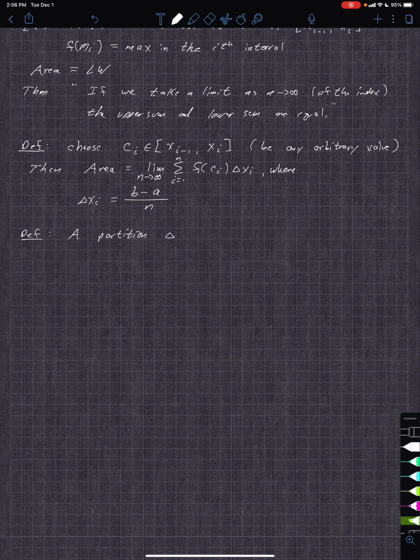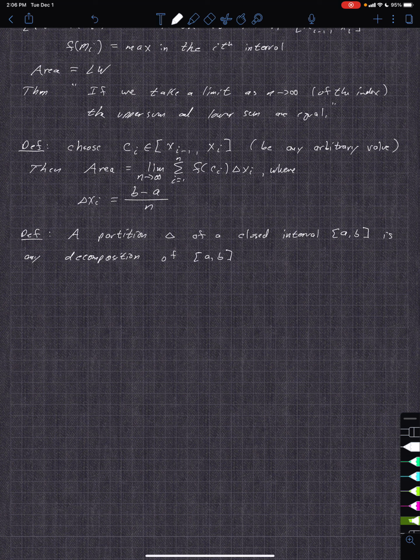So a partition delta of a closed interval a to b is any decomposition, like a breakup, of the interval ab.